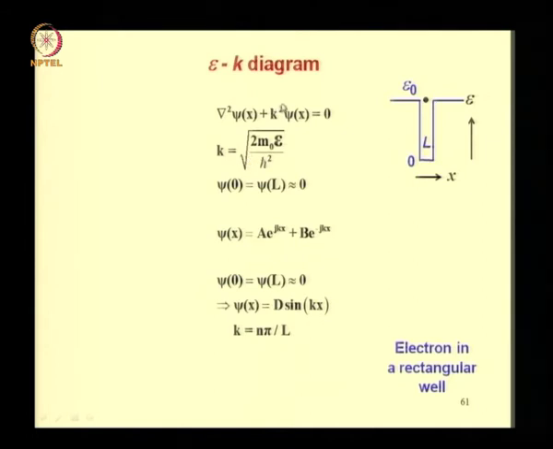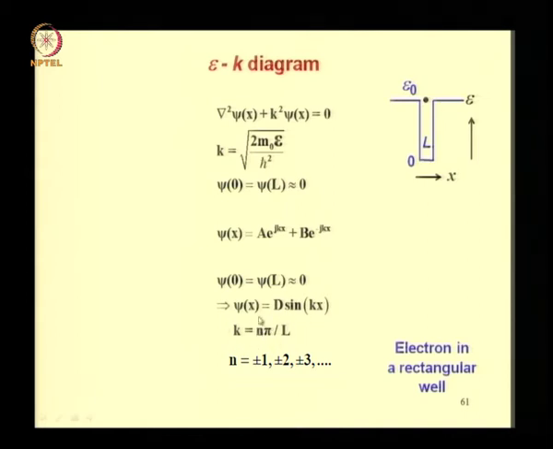This k is coming in the coefficient of the wave function in this Schrödinger's equation. Now the boundary conditions psi at 0 equal to 0 and psi at L equal to 0 will be satisfied if the k here is an integral multiple of pi by L. Now this can be easily understood from all the courses that you have done, so I do not need to spend time explaining this fact.